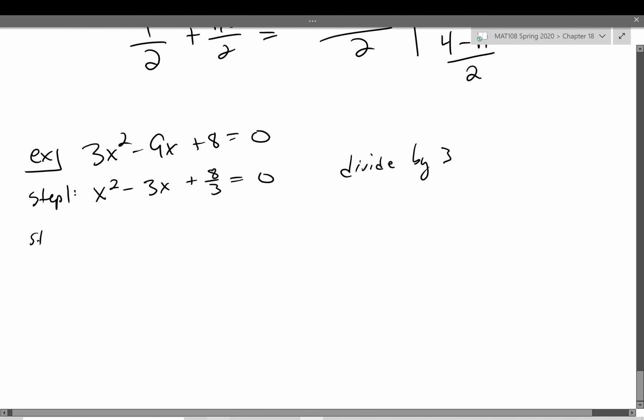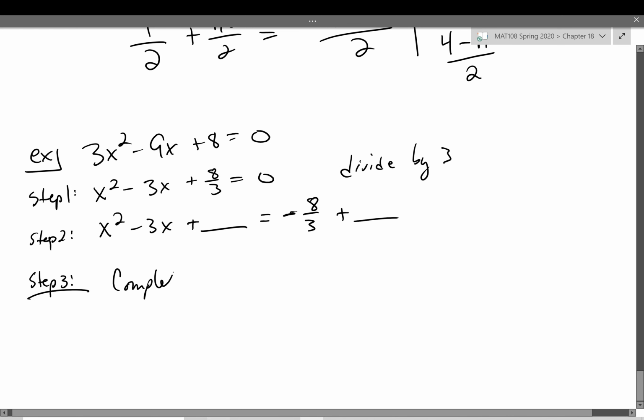Step 2, we're going to subtract 8 over 3 from both sides of my equation. And make sure you put the plus space. All right, step 3, this is complete the square.